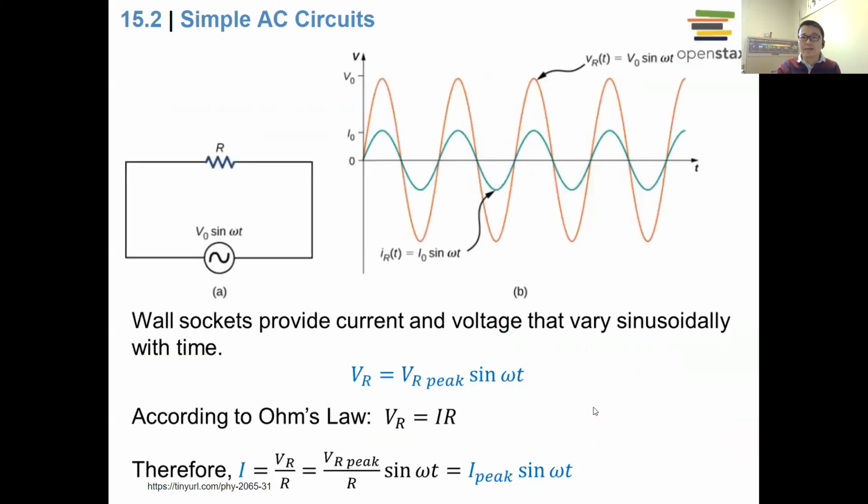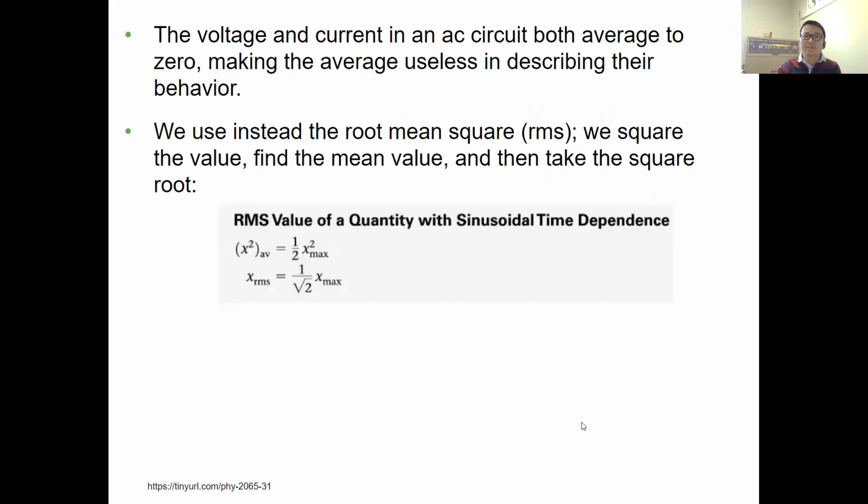For resistors in an AC circuit, the current and voltage are in phase; they peak at the same time, so they are called in phase. Because AC signals have sine or cosine functions for voltage and current, they average out to be zero. So another term, root mean square quantities, is used to describe the voltage or current.